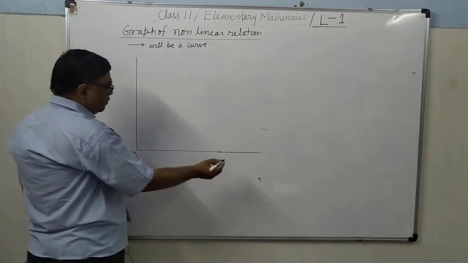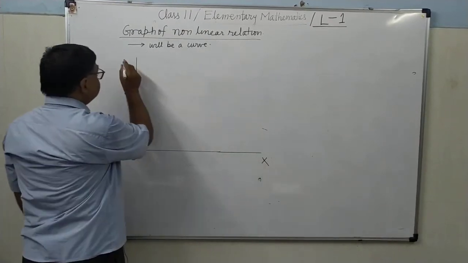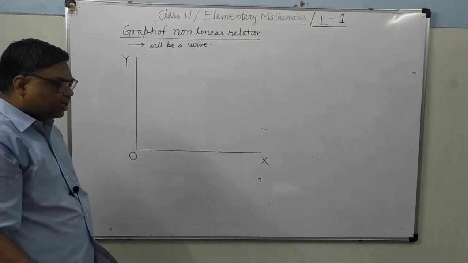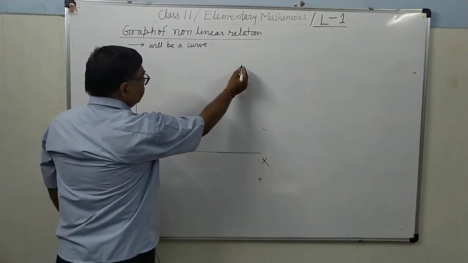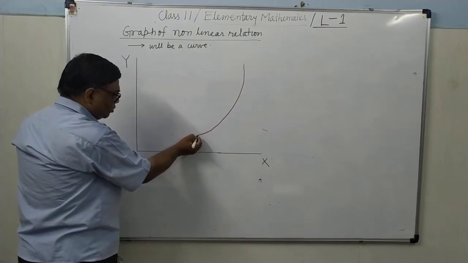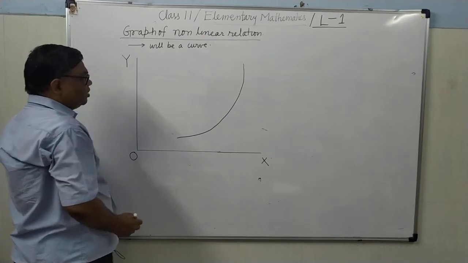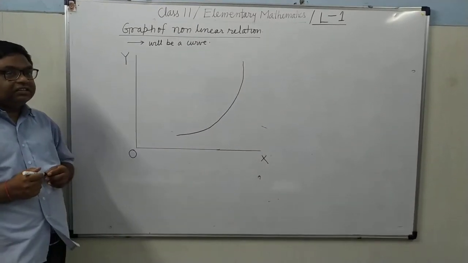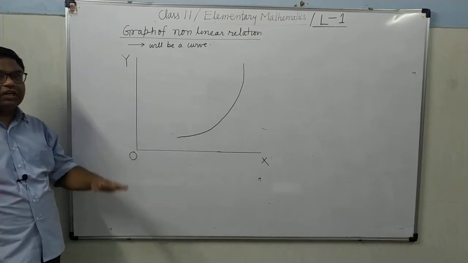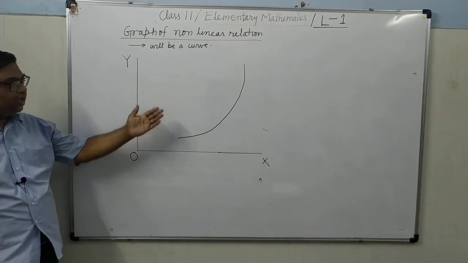This is O X Y. It's clear. And here I have taken a simple curve. Here this is the graph of a non-linear relationship. It will not be a straight line. It will be some curve. Here it is a curve.